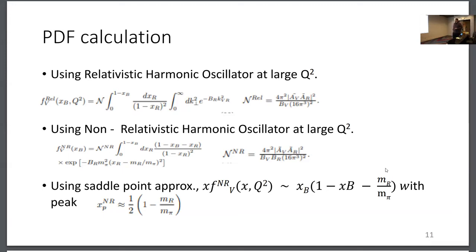And we get this around, which is around this, which we get x_B, 1 minus x_B minus 1, the residual mass or the pion mass. And here we get that the peak, we have 1/2, 1 minus the residual over 1 minus the pion. Where with the nucleon, we got 1/4, 1 minus the residual over the mass of the nucleon. So they're similar.